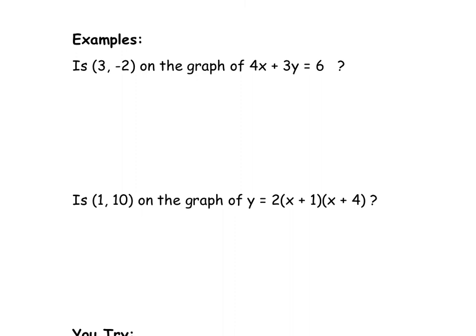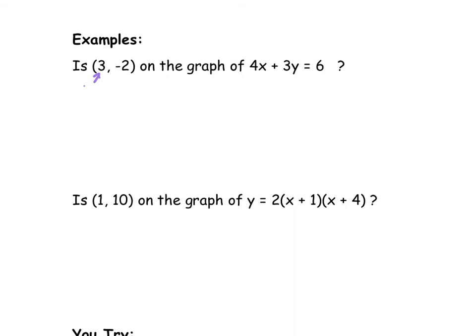Just looking at a few examples, is (3, -2) on the graph of 4x plus 3y equals 6? A point is on the graph of an equation if it makes the equation true.